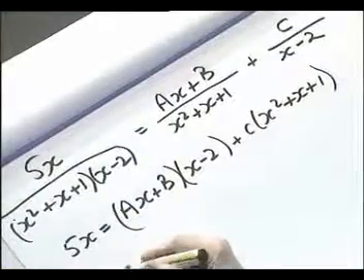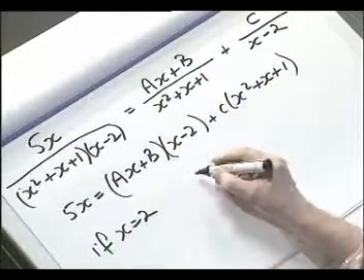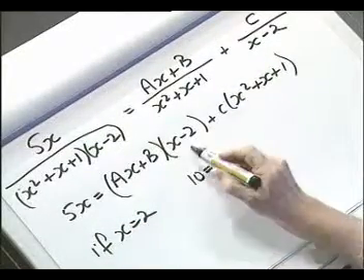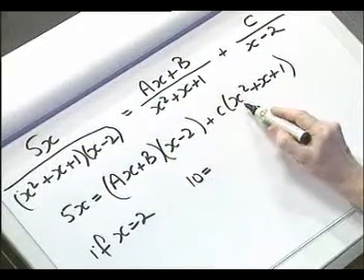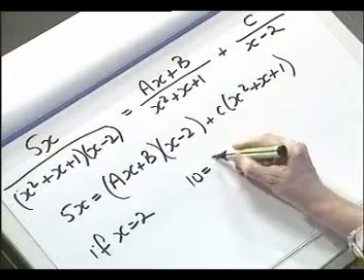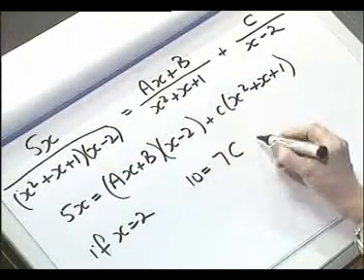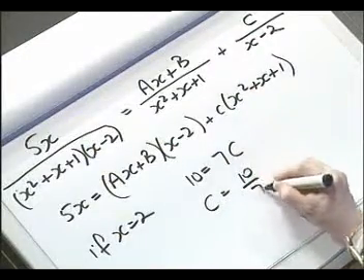And if x equals 2, we get 5x, 5 2s are 10. This is 0, so this all disappears. And we get 2 2s are 4, plus 2 is 6, plus 1 is 7. So 10 equals 7c, giving c equals 10 over 7.